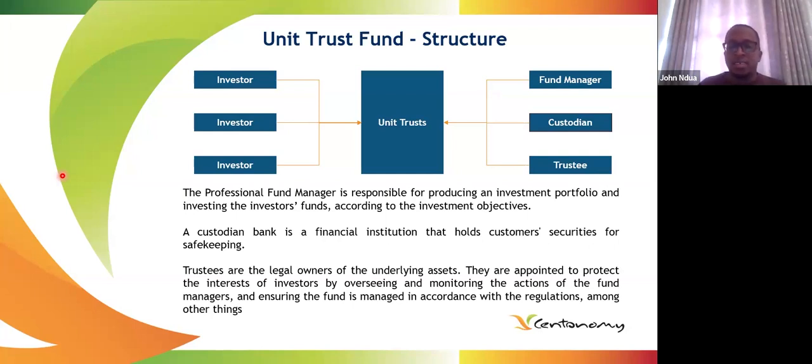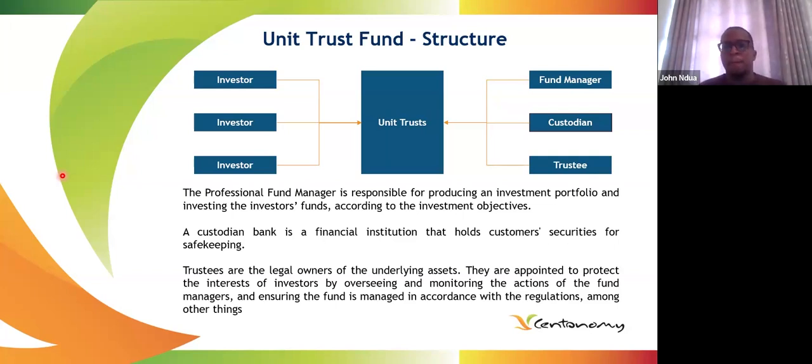Now the unit trust goes to the bank as a unit trust. It does not go to the bank as investor A, investor B, investor C. So the bank knows that this unit trust is giving me 100 million, so I'm giving them a return. And that return will be distributed to all those investors. So you see, even with your 1,000 shillings, you can participate with high returns because you're part of a unit trust.